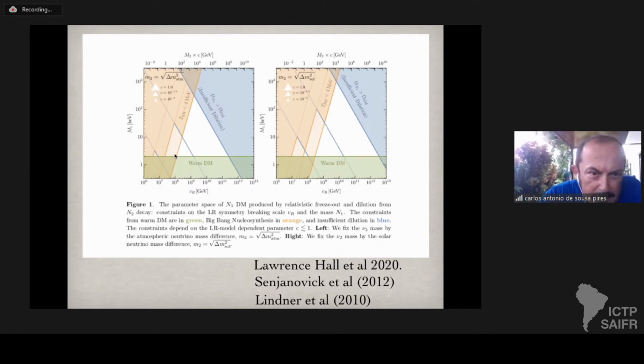But unfortunately, this is the reality of warm dark matter implemented with non-abelian gauge extension of the standard model. So this is the main result of the search for warm dark matter in the left-right model.